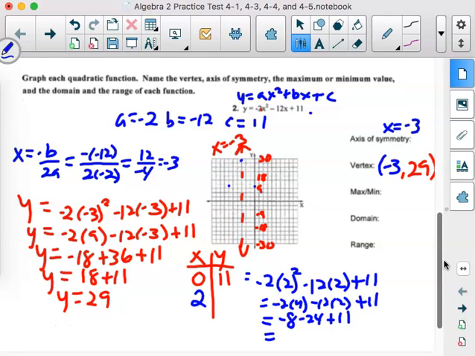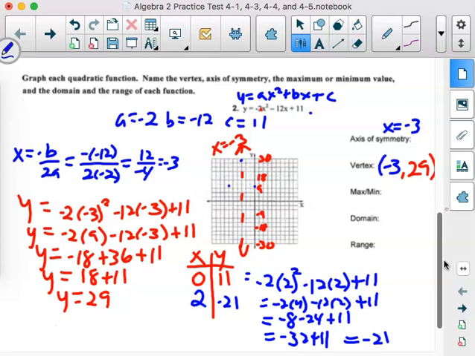So now we have negative 8 minus 24, which will be a negative 32 plus 11. Kind of running out of space here. So that will give me a negative 21. So at 2, I'm down at negative 21.